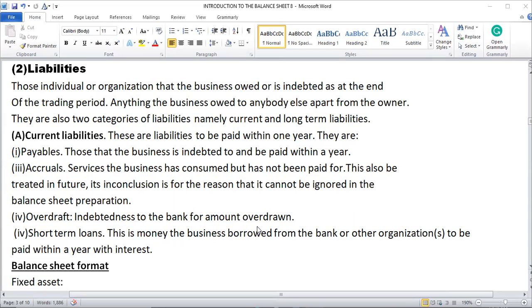So if they have maybe $5,000 in the account and they need more than $5,000, they can approach the bank. The bank will come to an agreement that, okay, you can withdraw more than $5,000. Let's say $10,000. So the business has $5,000, but the bank can allow them to withdraw $10,000. That is what an overdraft is.